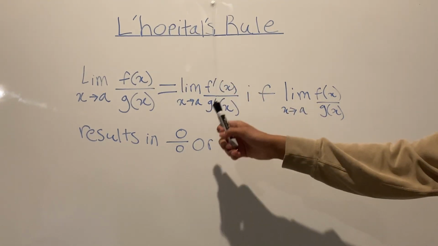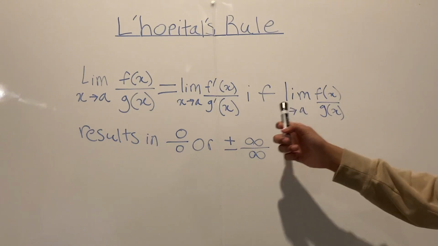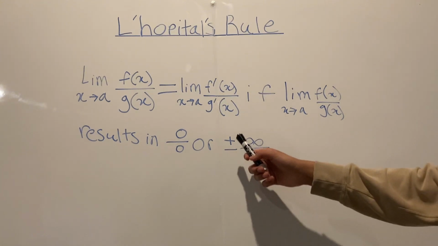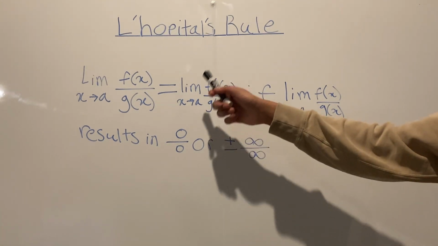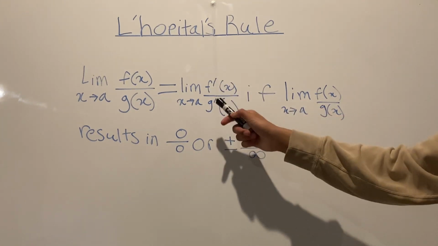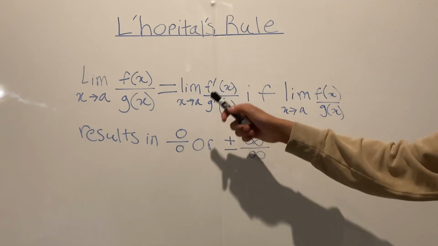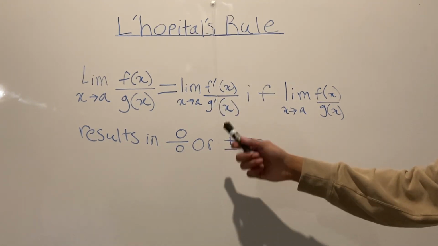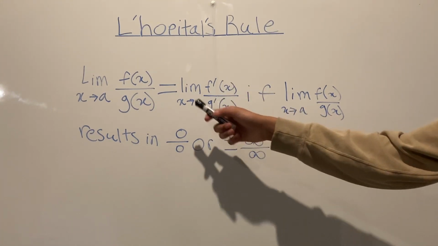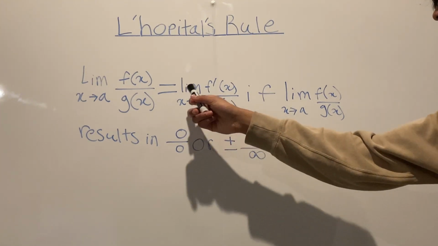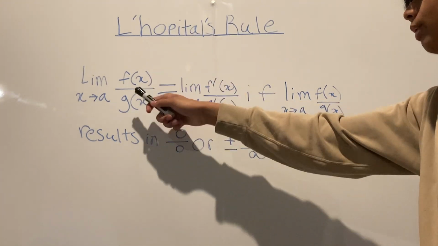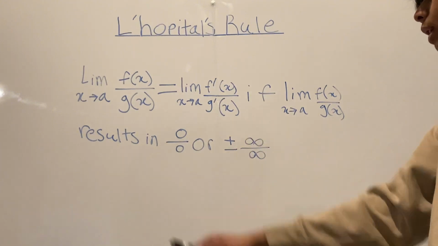If this limit results in 0 over 0 or plus minus infinity over infinity, you can say that the limit as x approaches a of f prime of x over g prime of x will give an actual answer you can work with instead of an indeterminate form. And f prime of x basically means the derivative. So this is the limit as x approaches a of the derivative of f of x divided by the derivative of g of x.